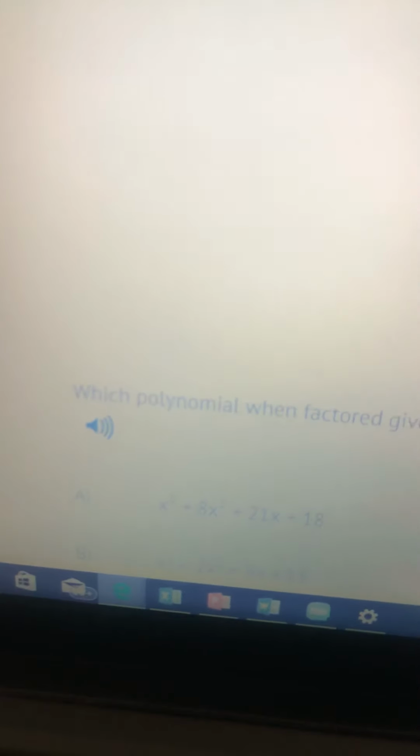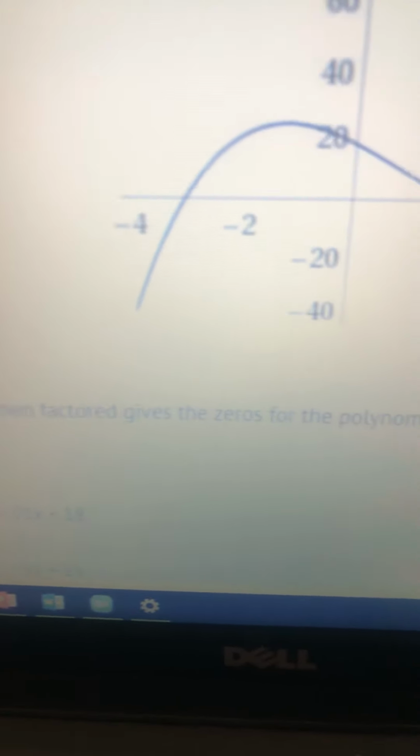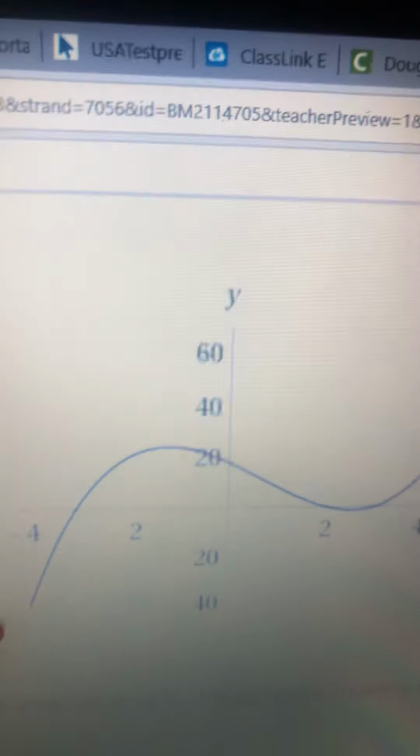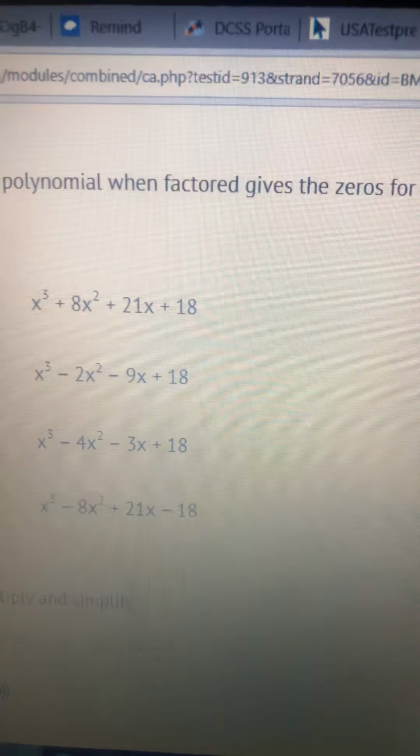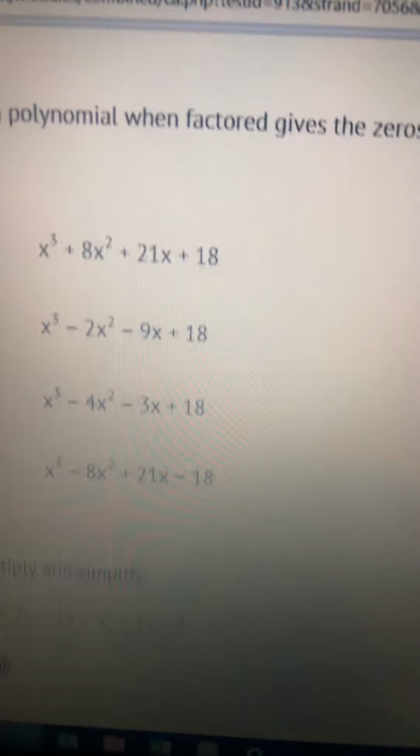Okay, so now we're going to go ahead and scroll to number 7, and it says here, which polynomial, when factored, gives the zeros of the polynomial shown in the graph? So we can see here our zeros are at -3, and at +3. So I'm going to look for the expression that will factor out to equal that.